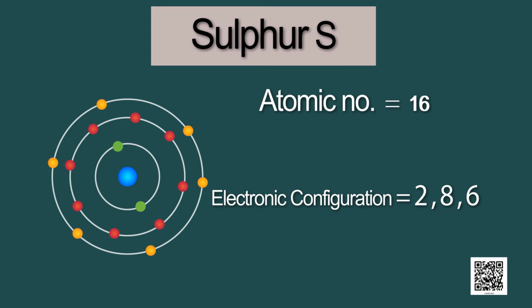For this, it can either donate its 6 electrons or gain 2 electrons from another element. So, sulfur gains 2 electrons and attains a stable condition with 8 electrons in its outermost shell. Therefore, the valency of sulfur is 2.